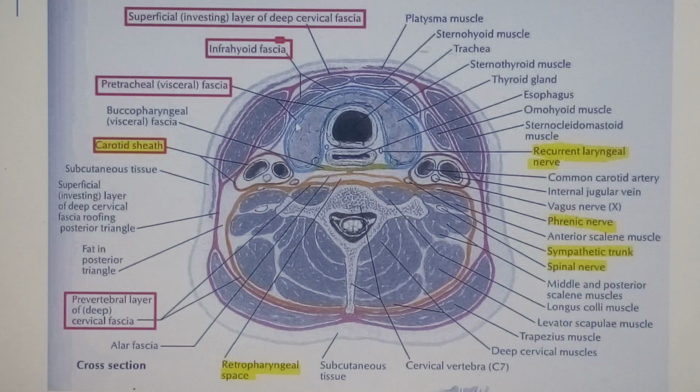So that's the intermediate layer, and of course the deepest layer. I told you that this pretracheal fascia is confined to the anterior aspect of the neck only, unlike the investing layer which goes all around, investing everything over here. But at the posterior aspect, moving around the cervical vertebrae, we have this layer over here, and my friends, this layer is the prevertebral fascia.